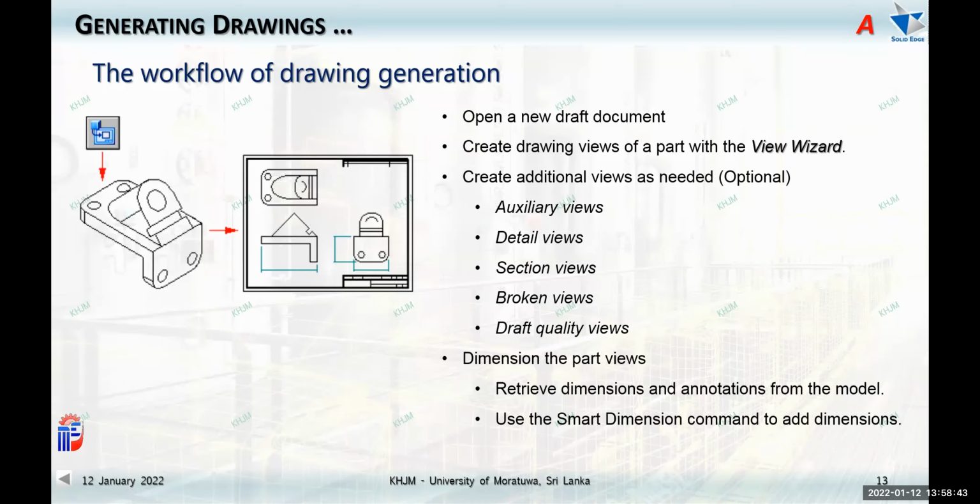The ones that you retrieve from your modeling interface, they usually become what? There are two types of dimensions basically, driven dimensions and driving dimensions. Driven by someone else. So we use driving dimensions.